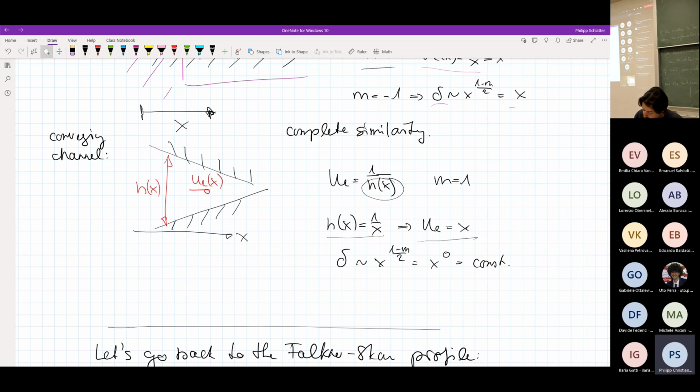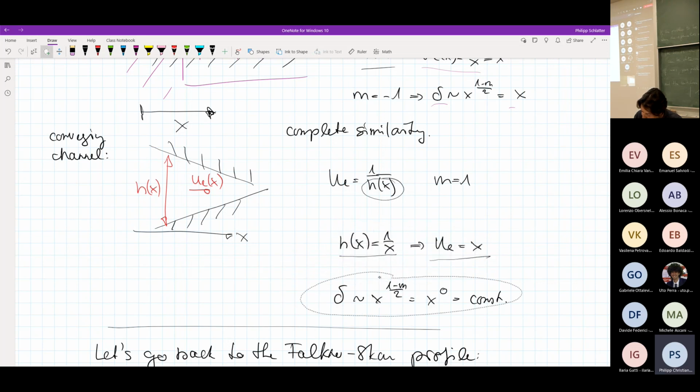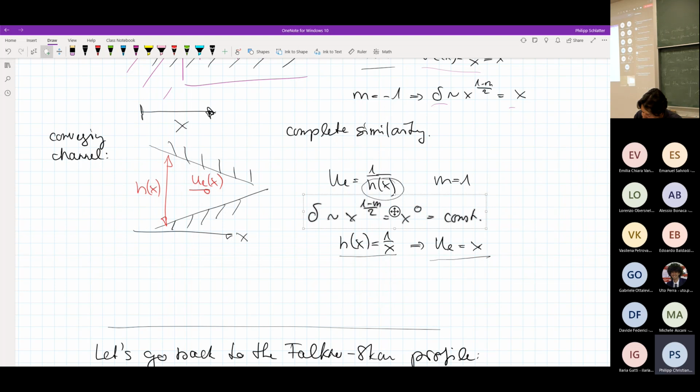That's probably more interesting. The starting point would be: what would need to be the shape of the wall in order to have a constant boundary layer thickness, for instance? Then this needs to be constant, so m needs to be 1.